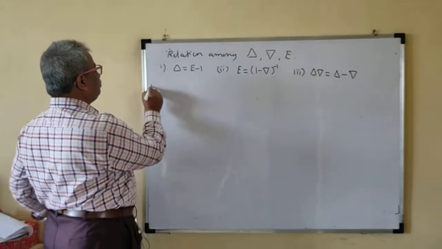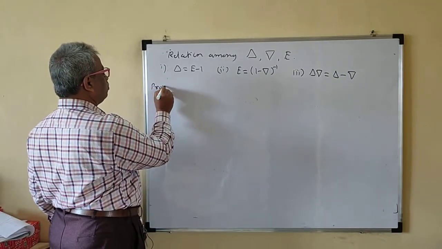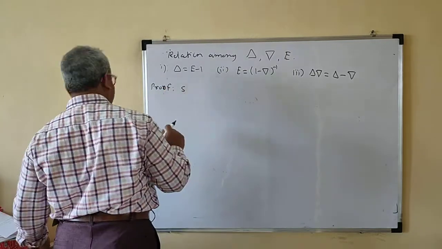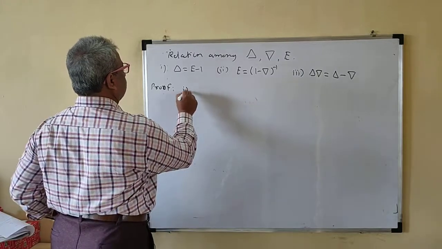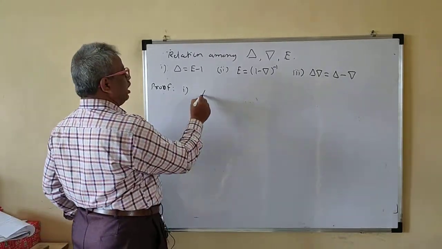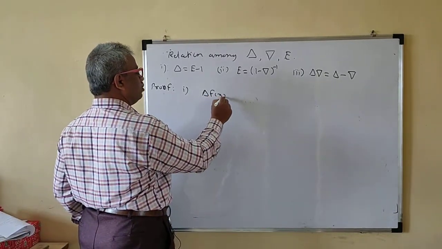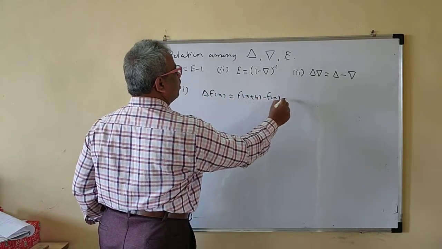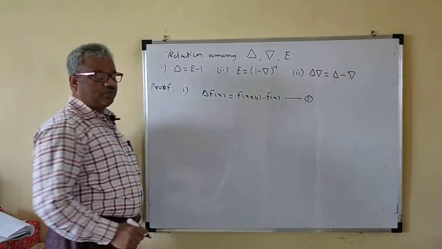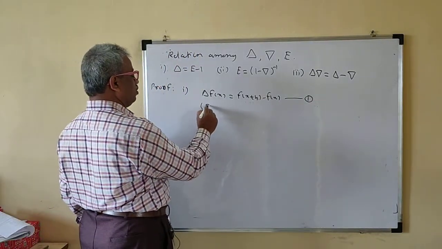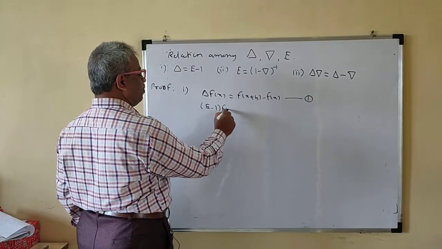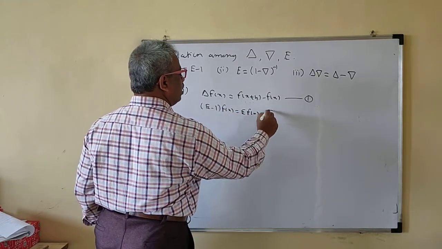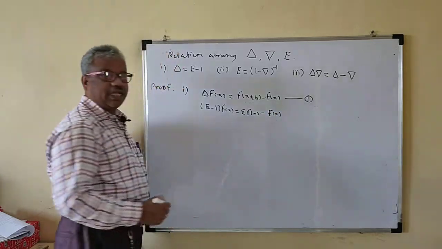Okay, so proof. Delta f of x is equal to f of x plus h minus f of x. We call this 1. Now E minus 1 f of x is equal to E f of x minus f of x.